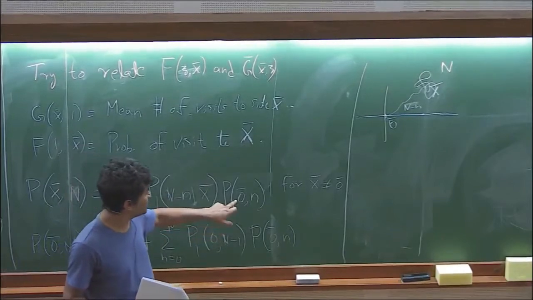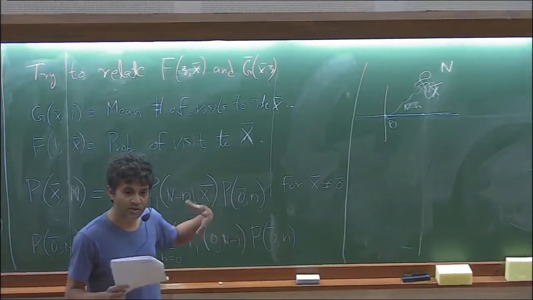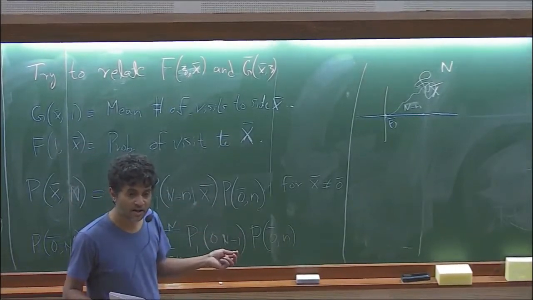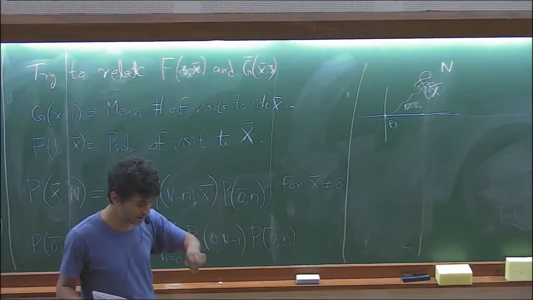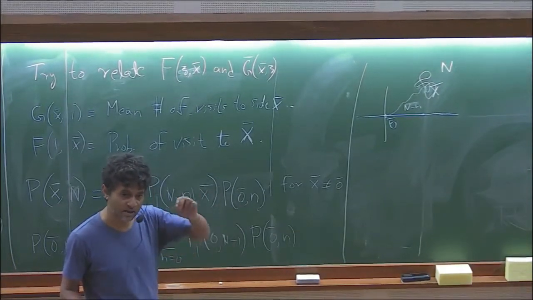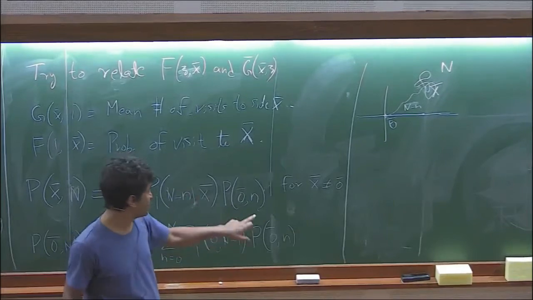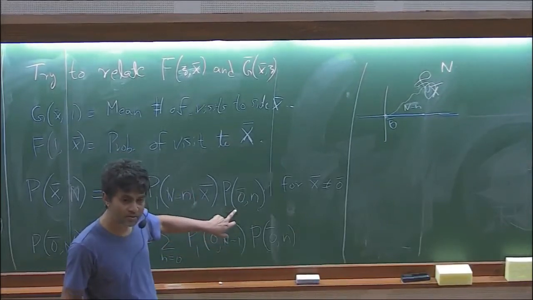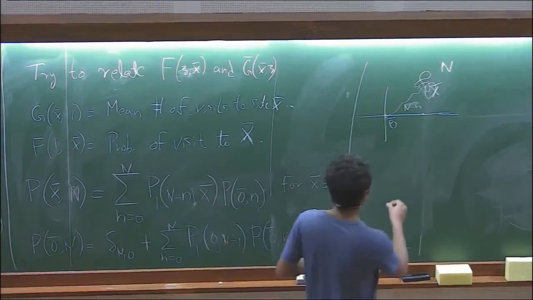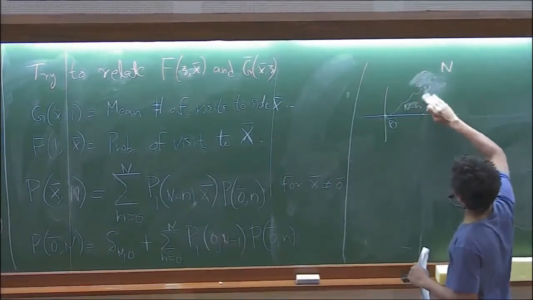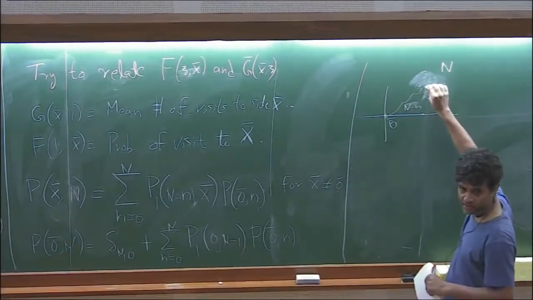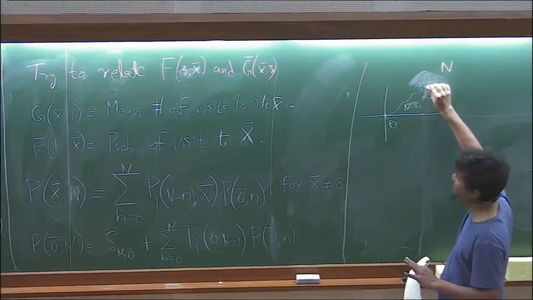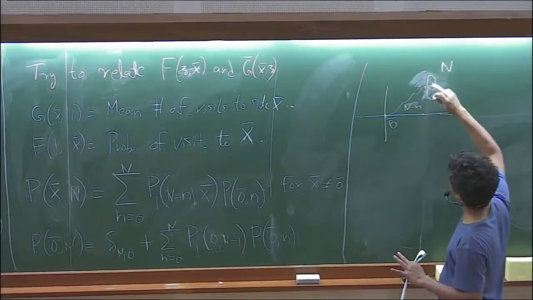It's just the probability of being at that place after the remaining time, so there might be many returns. It's not one return. This one is the first passage, but this one need not be a first passage. After that, it could be many passages, but after n time you are here.